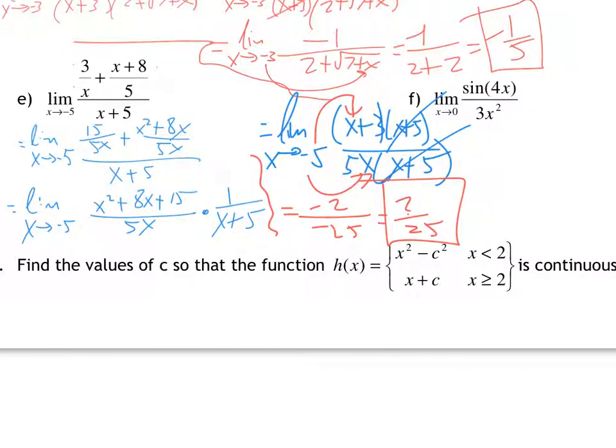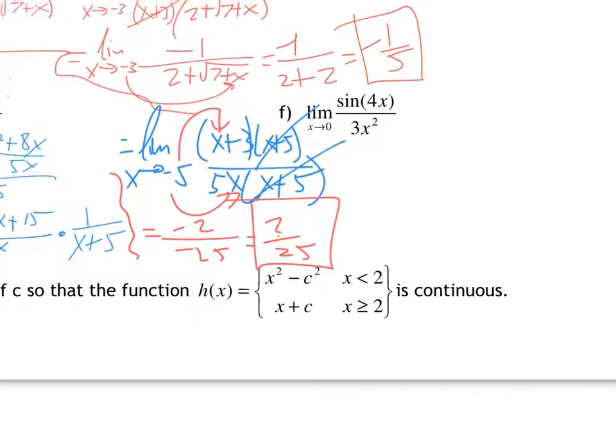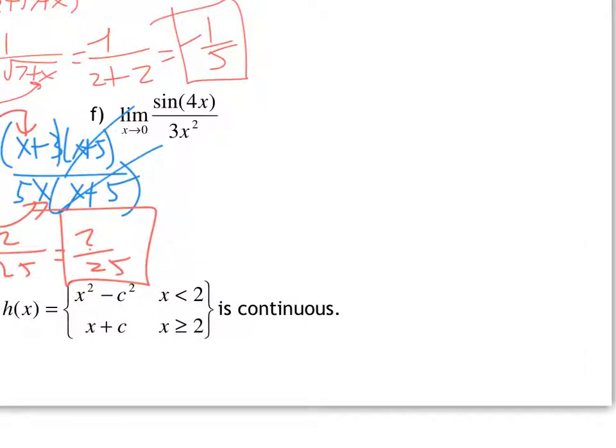Now we have sine of 4x all over 3x squared. Our goal is to end up with the sine of 4x over 4x. So when we have sine in the mix, we wish this was sine 4x all over 4x.